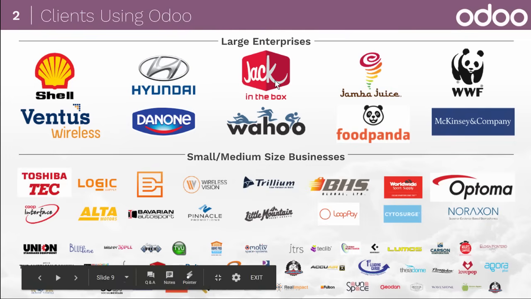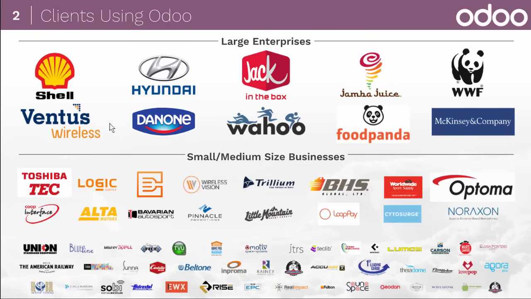You can see here some examples in different sectors. We don't only focus on manufacturing or services; we cover everything. One of the latest is Food Panda, the food delivery service quite famous in Asia. So whether you're a small or a big company, our system can be a good option.